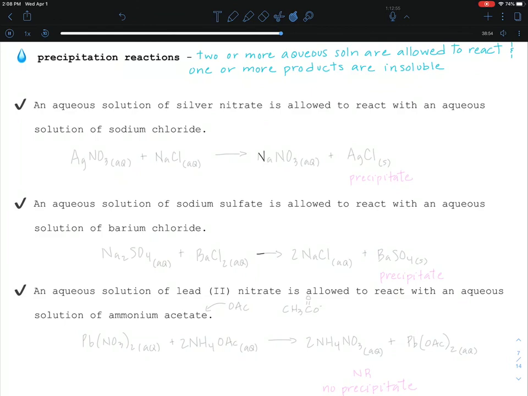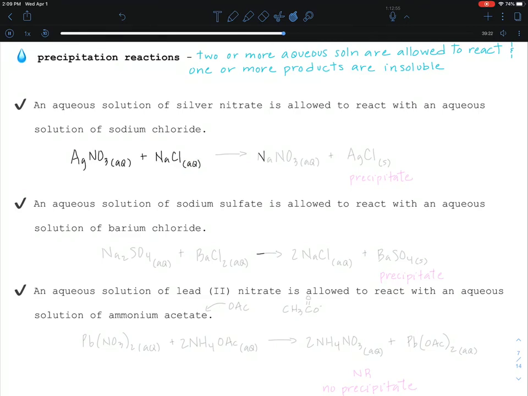So I can go ahead and I can write out silver nitrate. And we know from our solubility chart that all nitrates are soluble in water at room temperature without exception. To this, we're going to add an aqueous solution of sodium chloride. Sodium is a group 1 ion, right?